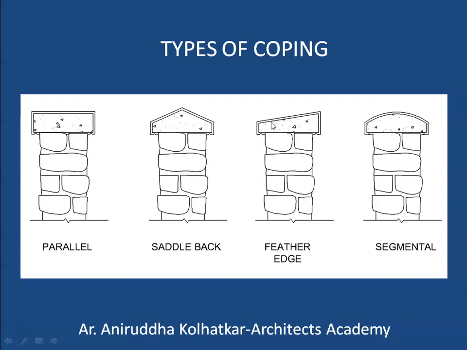In the third alternative, we have a coping which is sloping only in one direction, that is called as a feather edge coping. And in the last alternative, we have a coping which has been given a curved surface at the top. This is called as a segmental coping. Now the advantage of having this slope or the curve to the coping is that water can easily drain off the surface. The different shapes are also provided for aesthetical purpose.